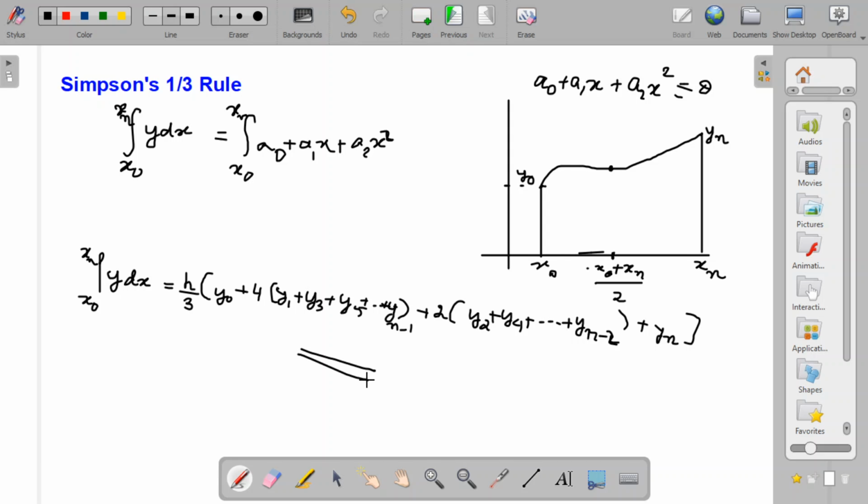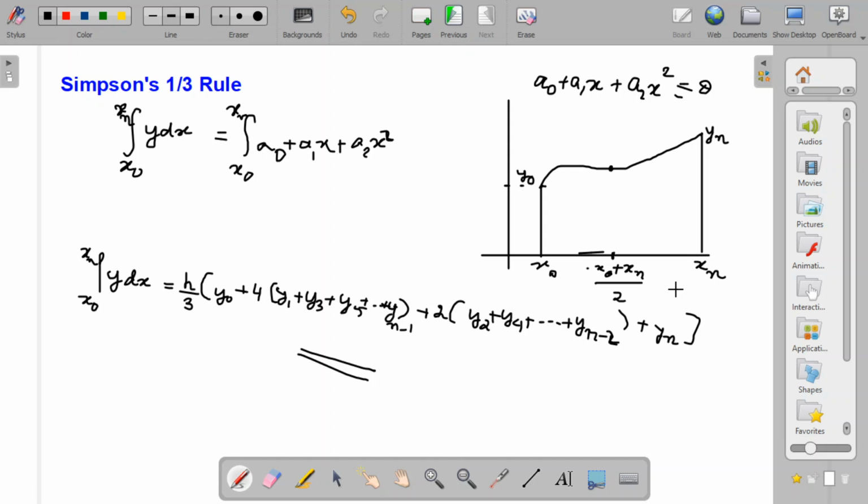Okay, so this is the Simpson's 1 by 3 rule. The integral of the function y dx over x0 to xn is h by 3, and you remember h is basically the interval which you take. Suppose you consider x0 is 0 and xn is 1, and you are dividing it at the interval 0.5.